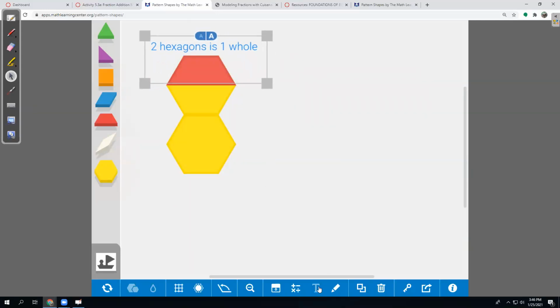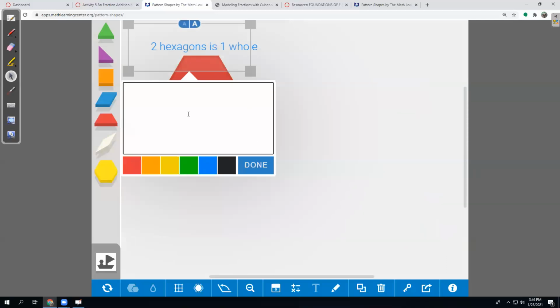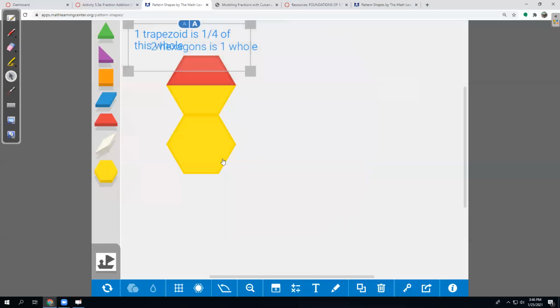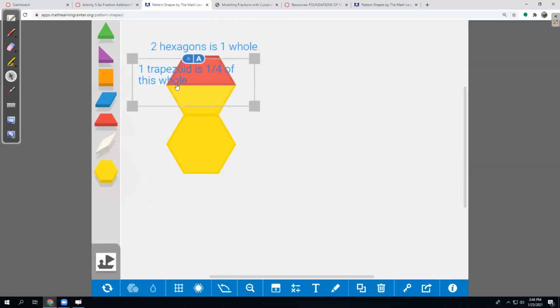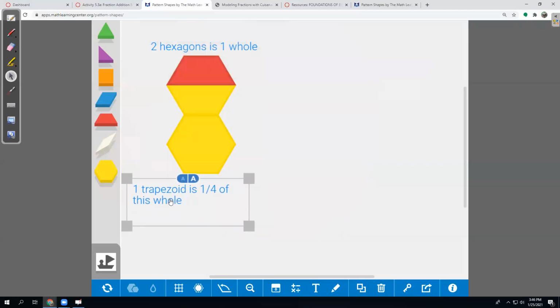And then I'm just going to add another note to this underneath. 1 trapezoid, oops, 1/4. So we got to reset our brain here for what the whole is. Things got mixed up. There we go.